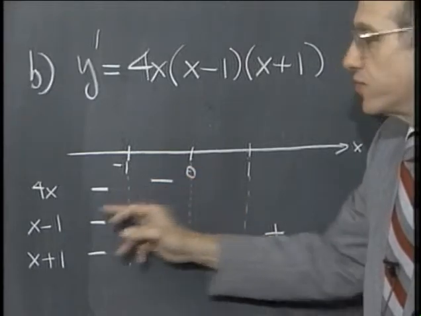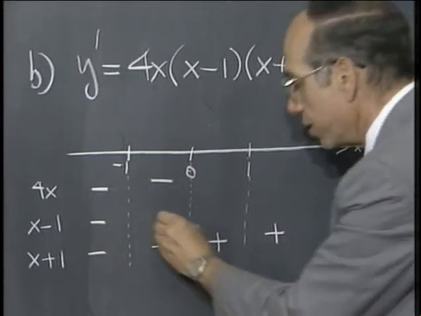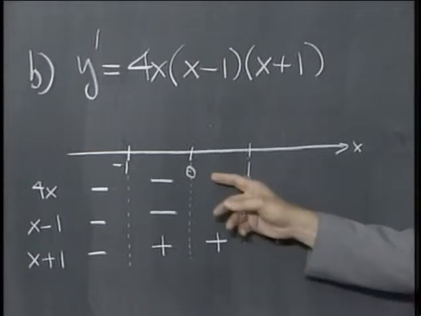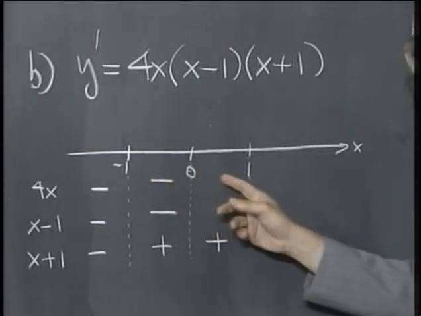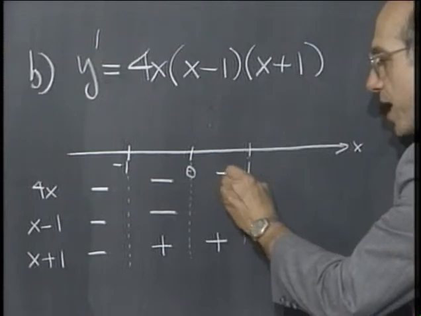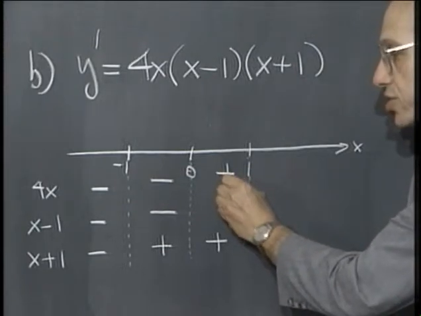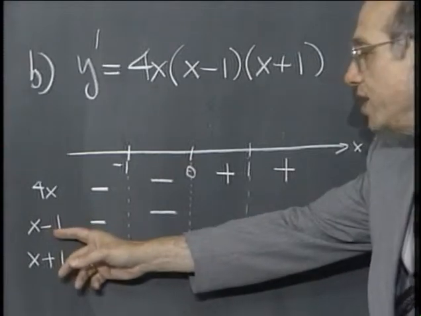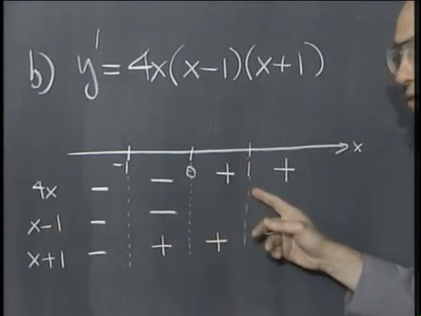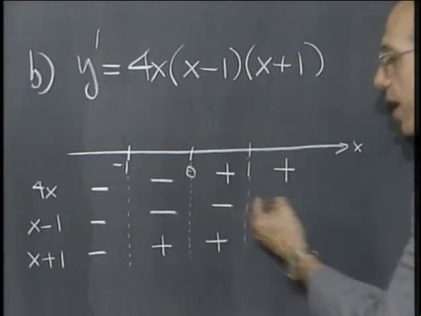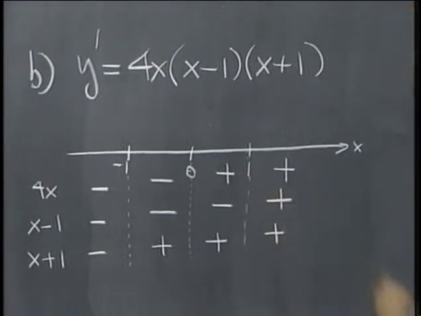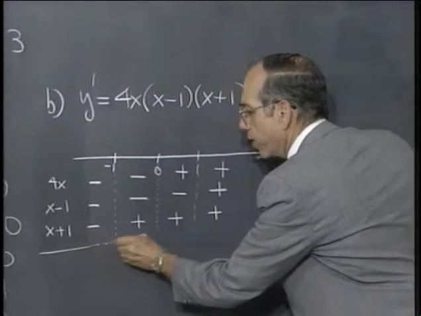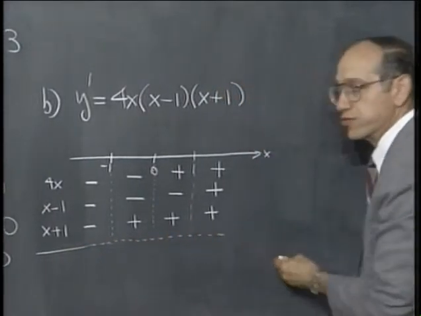That is, x is negative. You subtract 1, it will still be negative. So x minus 1 is going to be negative here. Moving right along, to the right of 0, 4x becomes positive because x changes sign at 0, and it remains positive over here. x minus 1 remains negative until you get up to 1, and then it changes sign and becomes positive.